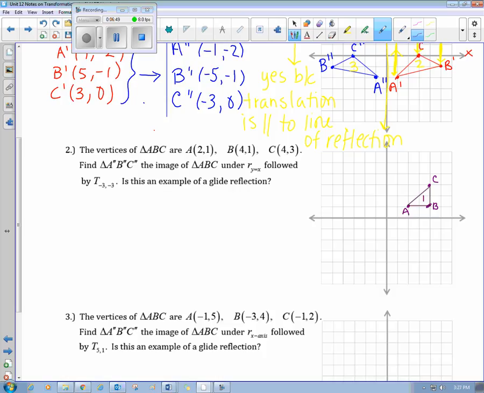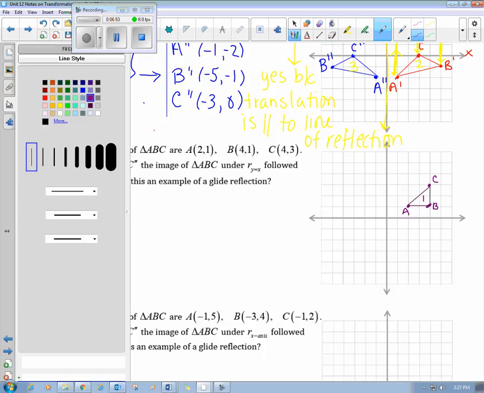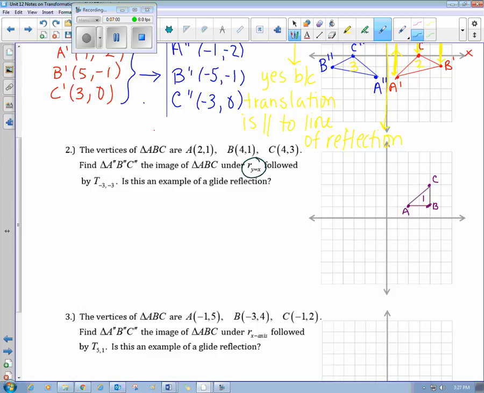It says that we're supposed to get a second triangle. And to get our second triangle, we are doing a reflection over the line y equals x. And I know the rule for that is (y, x). So I am taking all of the originals and performing that reflection on them.